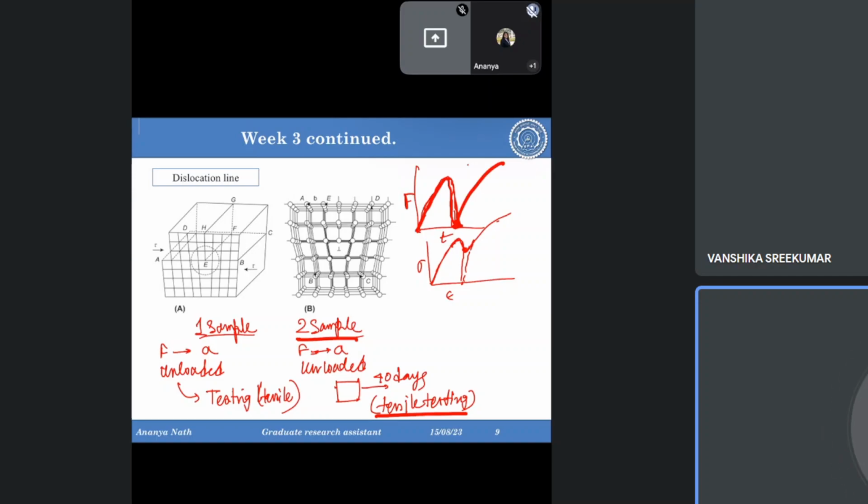So I am supposed to get more hardness in the case of sample 2. This more hardness is the result of the natural aging process.